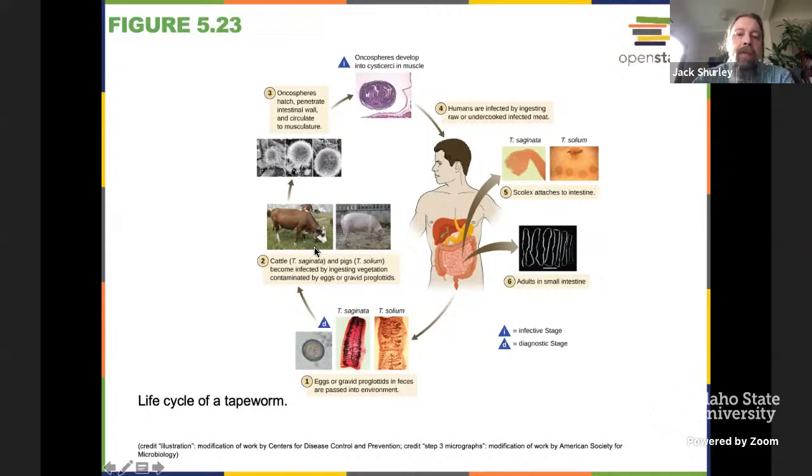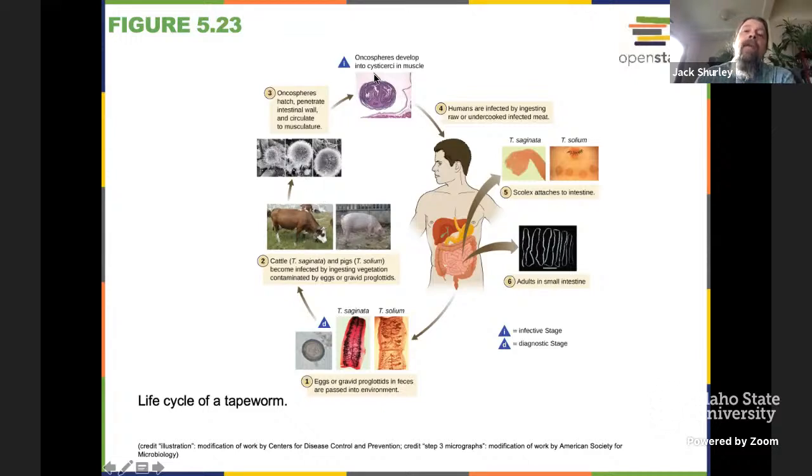If they do consume that, they ingest those eggs, the eggs hatch, they move to the musculature and encyst. So that's what we're looking at right here. These oncospheres are the juvenile stage of the worm, an intermediary, and that's what the livestock is serving as, an intermediate host.